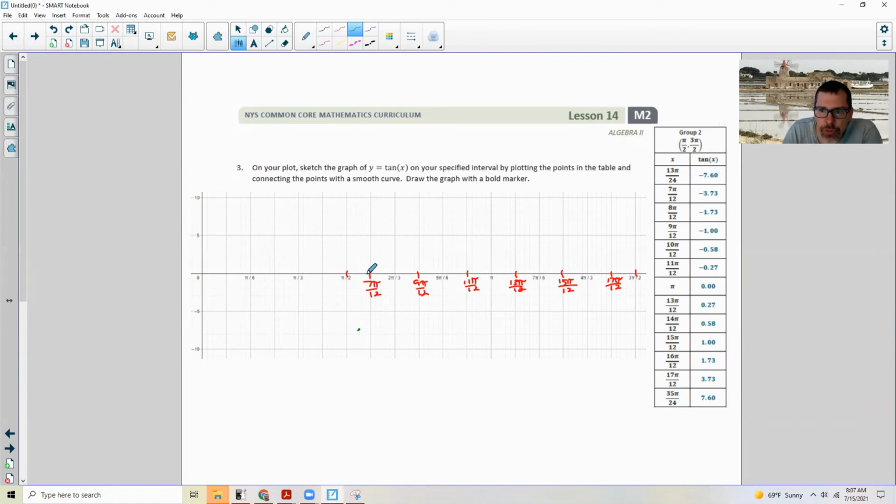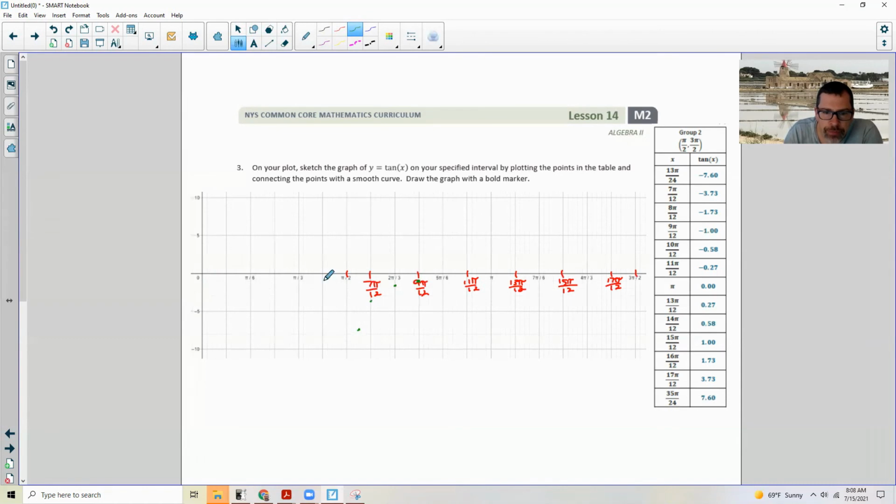7 pi over 12 is -3.73. Here's -4, so it'll be about here. 8 pi over 12 is 2 pi over 3. -1.73, which is about here. 9 pi over 12 is going to be at -1, which is right on that first mark right here.